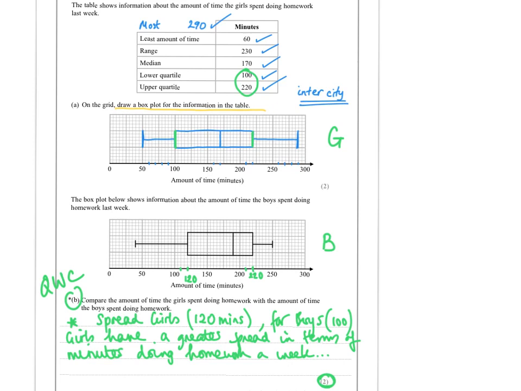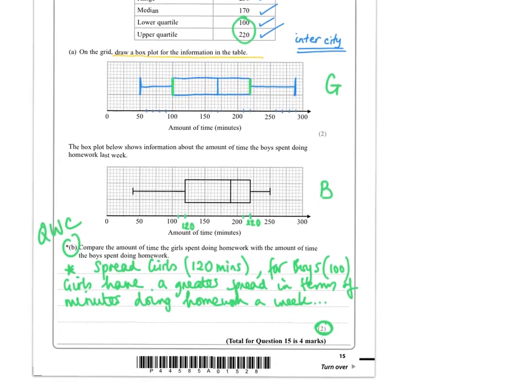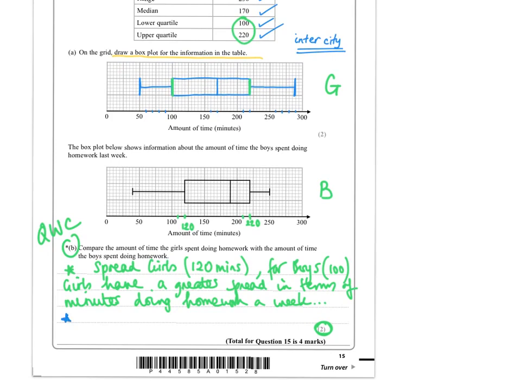And then another good thing is to compare one of the averages, so in this case the median. So what can we say about the median? So for the girls, the median was 160 minutes. For boys, it was 190, I believe.